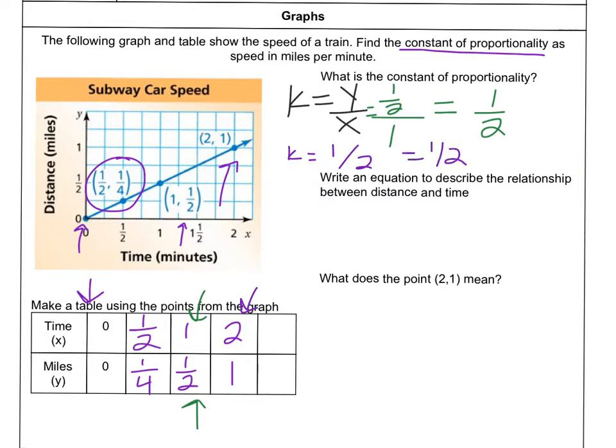So you can pick any point, take the y value divided by the x value, and you'll get the constant. Our equation was y equals k times x, so y equals, my k value was 1/2, times x, is just y equals 1/2 x.